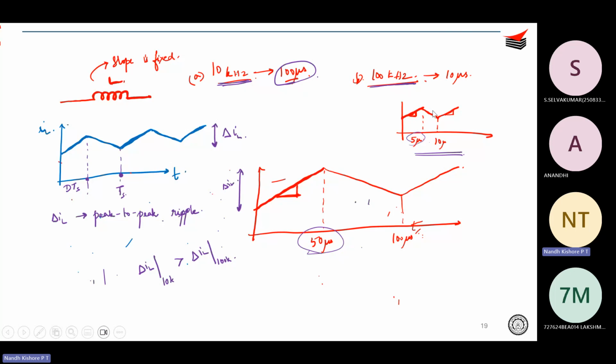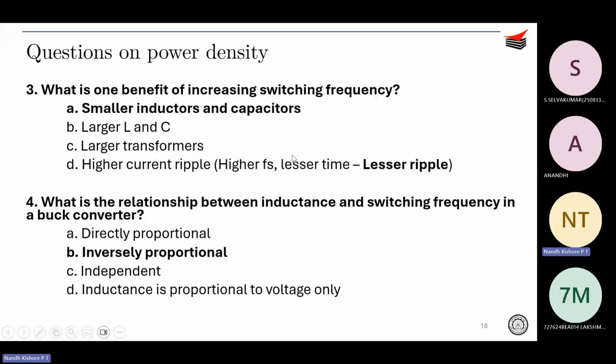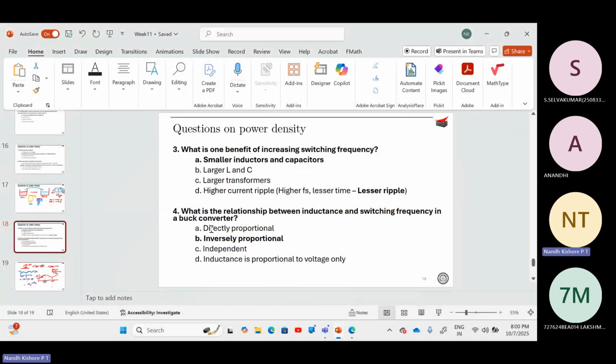But if you go for lesser switching frequency, you get more time, so the current will rise even more. If you want to restrict the current rise, you have to use a larger inductance. So it is inversely proportional.